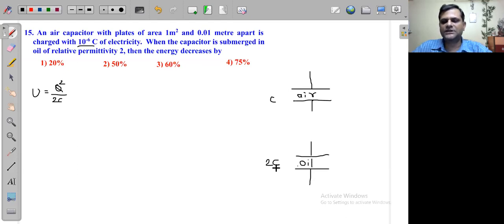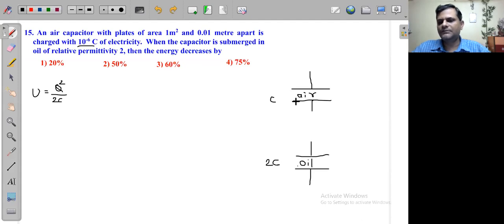तो इस कैपेसिटर का जो कैपेसिटी है वो 2C बन जाएगा, क्योंकि के यहाँ पे 2 दिया हुआ है, और इसीलिए अगर उसका कैपेसिटी 2C बन गया, लेकिन charge on the capacitor is going to be the same, because after charging it is disconnected from the battery. ऐसा कोई दिया नहीं है वहाँ पे, but it is understood that once it is charged by this amount of electricity, ये पूरा चार्ज इसके ऊपर फॉर्म हो गया, उसके बाद उसको डिस्कनेक्ट कर दिया हमने बैटरी से, जिसके कारण अगर वो ऑयल के अंदर ट्रांसफर भी होगा, तभी भी उसके प्लेट्स के ऊपर जो चार्ज रखा है हमने वो सेम ही रहेगा.